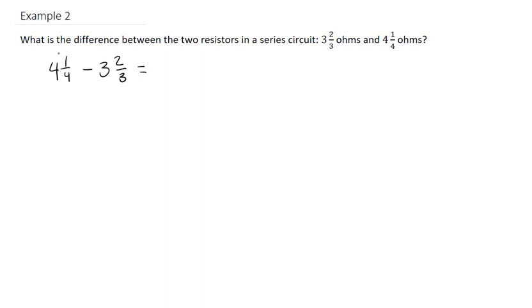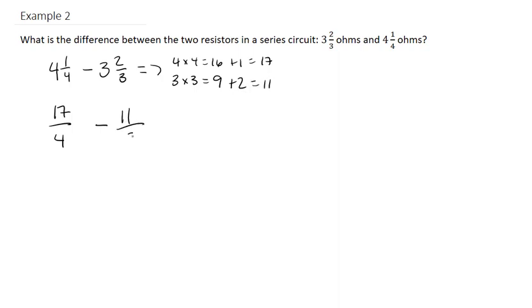Our first step is to convert it into a fraction. 4 times 4, 16, plus 1 is 17. So we get 17 over 4, minus 3 times 3 is 9, plus 2 is 11. So we get 11 over 3.